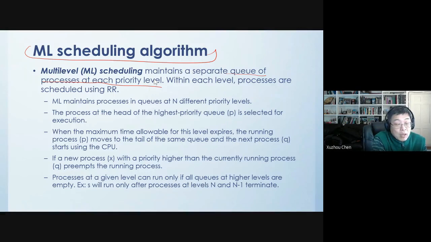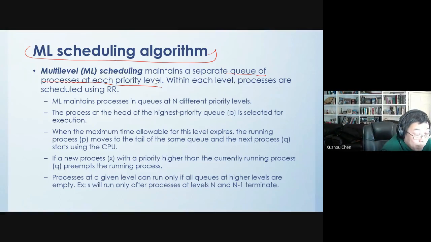You want the security checking process to get the CPU, right? So that means the security checking process has a higher priority than the process running the game. In that case, the higher priority process gets the CPU first. So in that case, now you have multi-level scheduling.